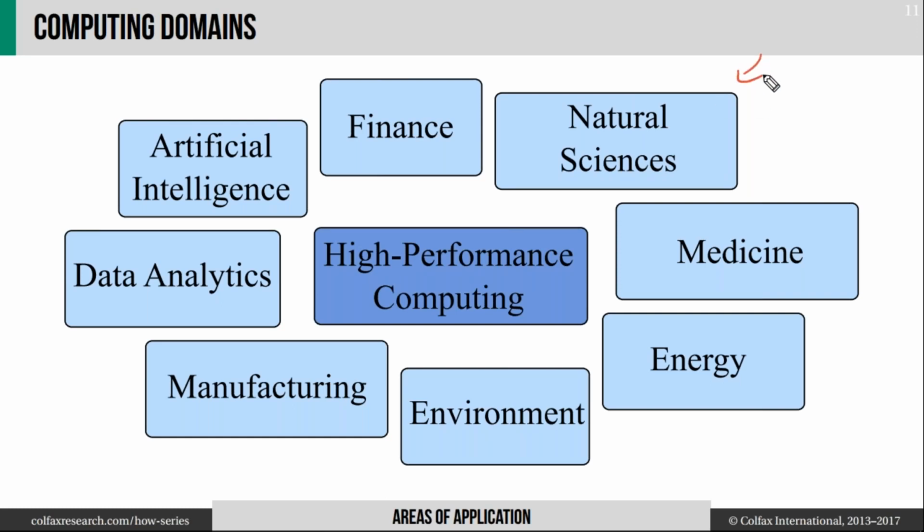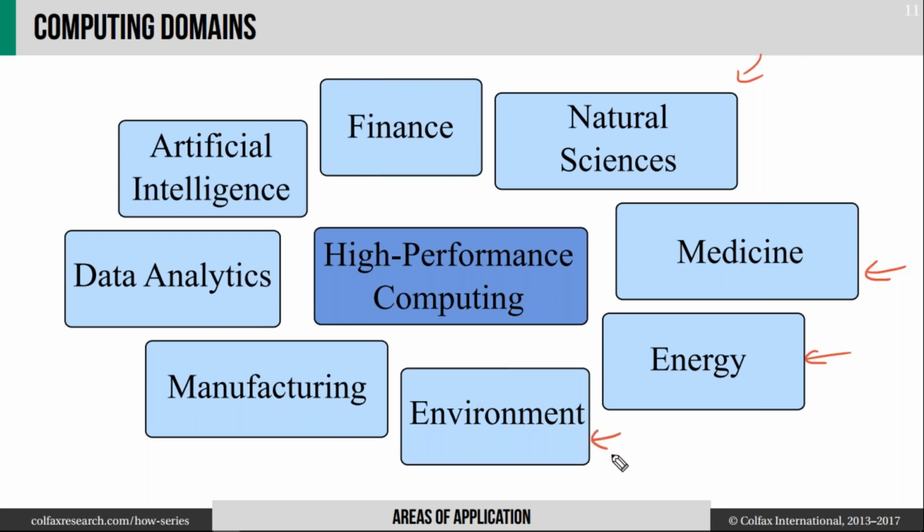For example, in natural sciences, it is used to predict the properties of new materials. Medicine uses high-performance computing for high-fidelity medical imaging and for cancer treatment planning. The energy sector uses high-performance computing, for example, to optimize the efficiency of wind turbines and to optimize the extraction of oil from oil reservoirs.